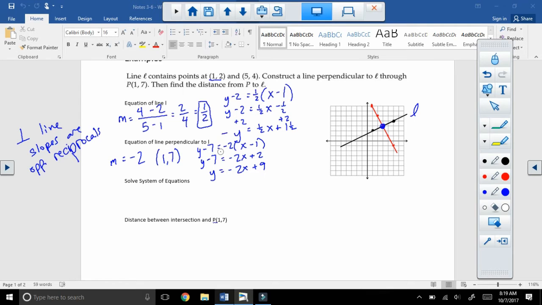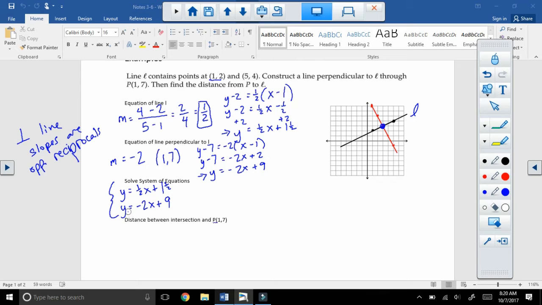So I am solving the system of equations to see where this line intersects that one. So I am going to write out these: y equals 1/2 x plus 1.5, and y equals -2x plus 9.